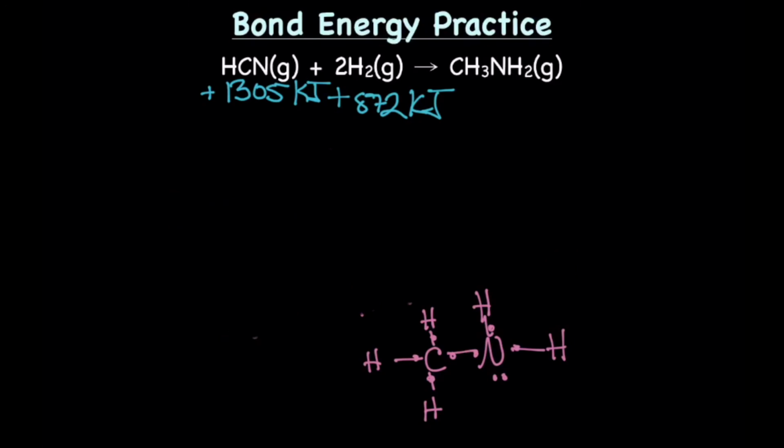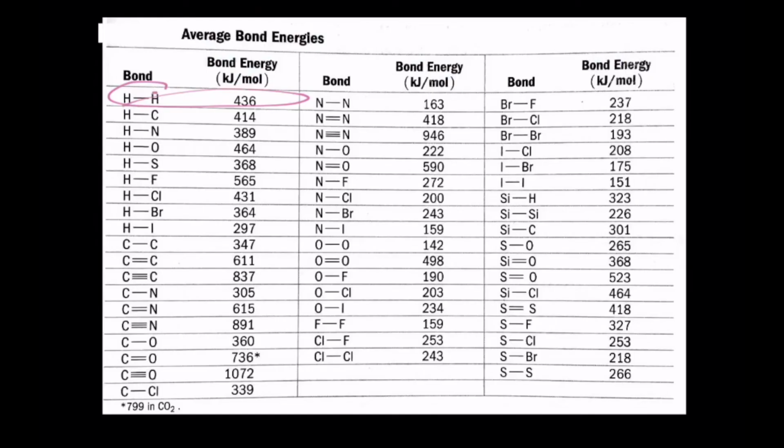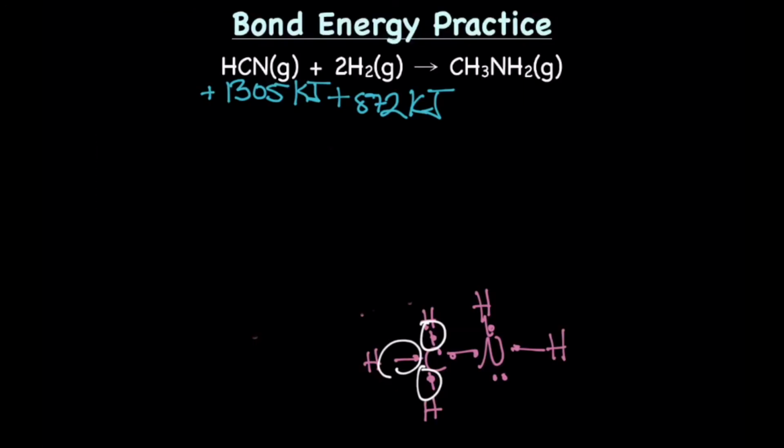All right, so now we need to figure out how much energy is used, or is released, when making 3 CH bonds. And let's see, that would be CH. It's this one here, bad color. Let's try that. This one here, 414 kilojoules.